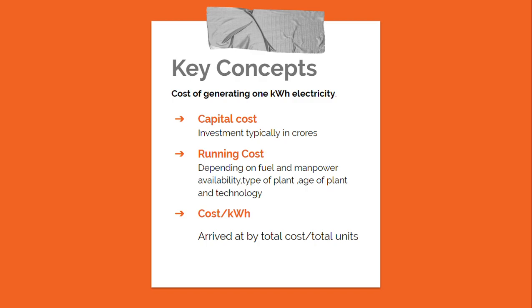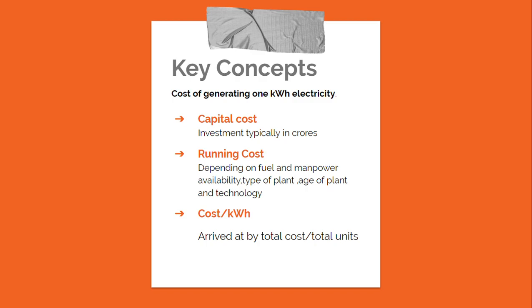So we add up the total cost and divide it by the total number of units. Units means the kilowatt hours of electricity which is being generated by the plant. What would be the unit for that? Cost is in rupees, and the total units would go by kilowatt hours.